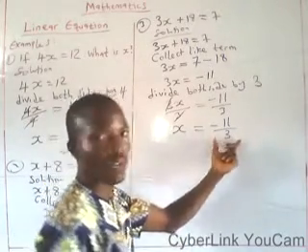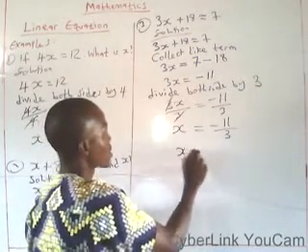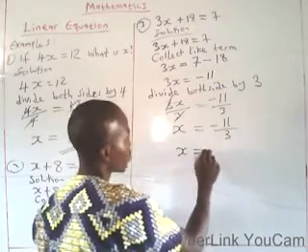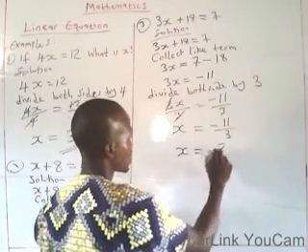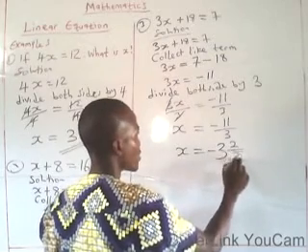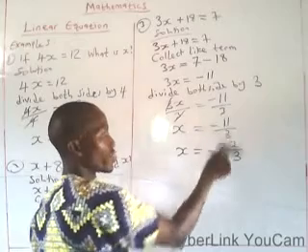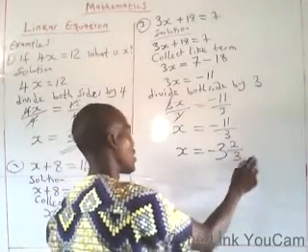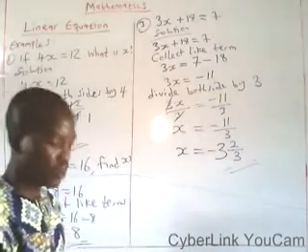And whenever you have an improper fraction as your answer, you need to convert it to what? Mixed fraction. So at the end of the day, the final answer is going to be minus, how many 3s are we going to find in 11? That is 3 times, 3 whole number, remainder 2. That is 2 all over 3. If you convert this improper fraction to a mixed fraction, you are going to arrive at minus 3 whole number, 2 all over 3, and that is the final answer for the third example.